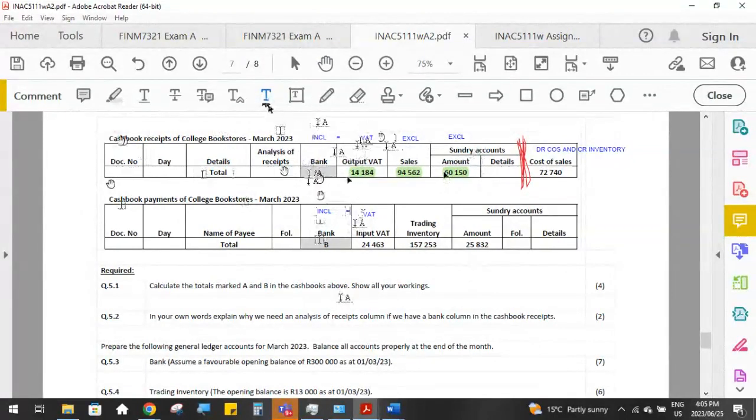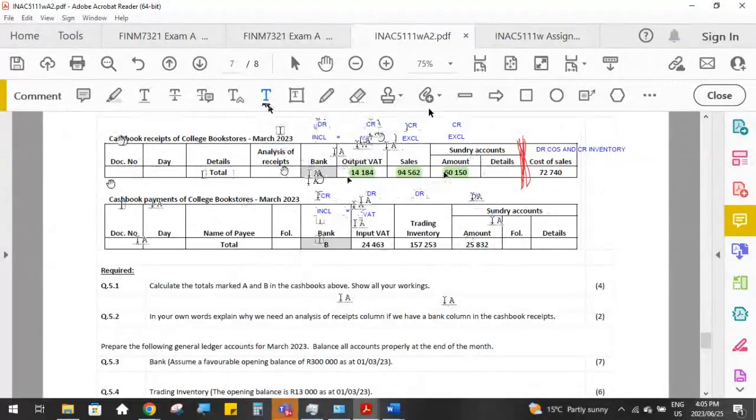So this is cash book receipts. Bank is getting the debit; output VAT, sales, and sundry accounts are all getting the credit. So these three on the right-hand side added together will equal what's on the left-hand side. And this is exactly the same on this side, except because this is the payments, our main column bank is getting a credit, which means that all the columns on the right-hand side will be debits. I debit input VAT because it's an asset, I debit trading inventory because I'm purchasing an asset, and I will debit whatever my sundry amounts are, depending on what that transaction is.